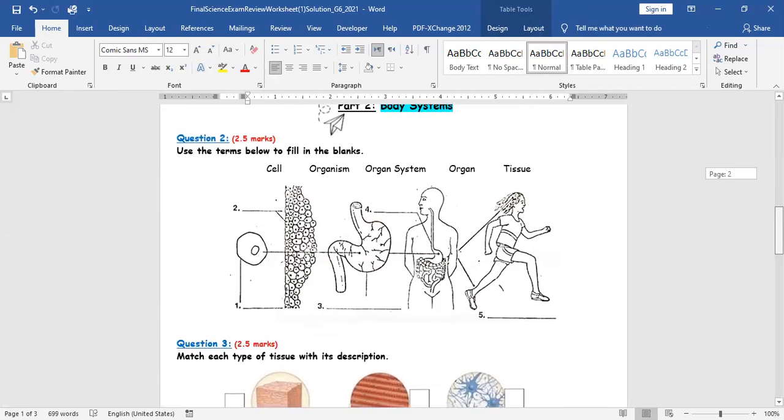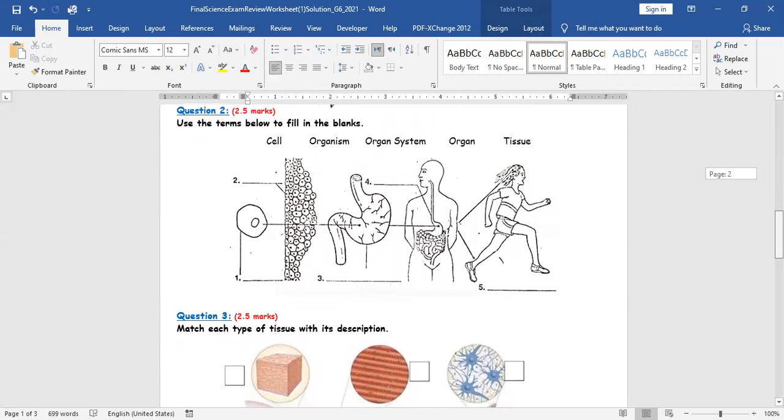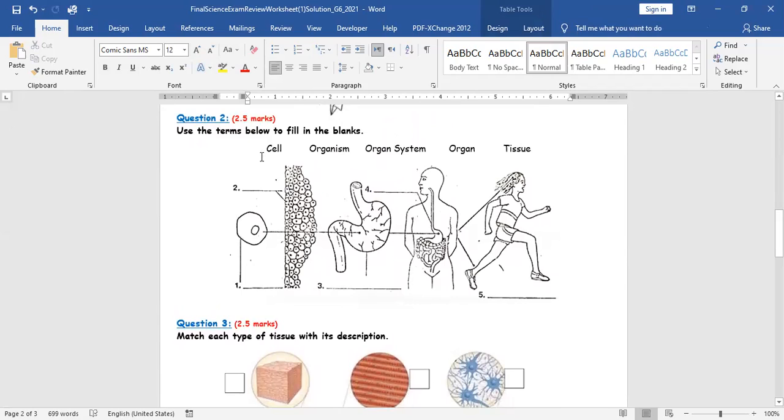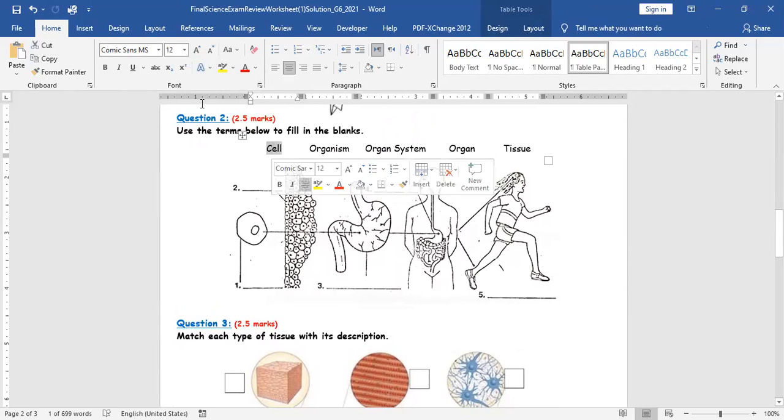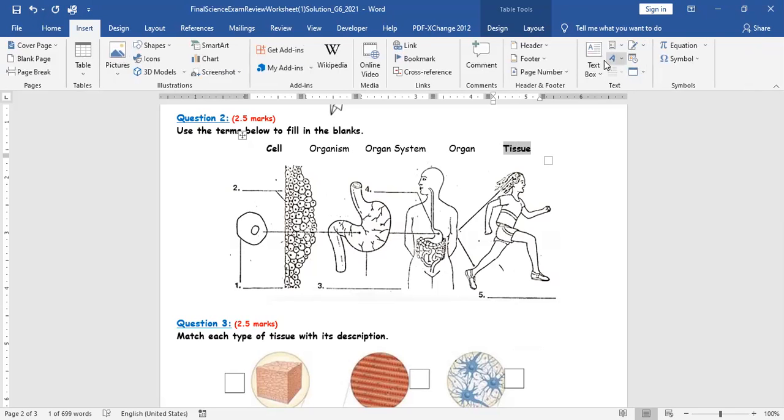Body systems. Our body is well organized. The smallest unit in our body is the cell. Cells, same cells, join together to form a tissue. So let me start adding the answers.